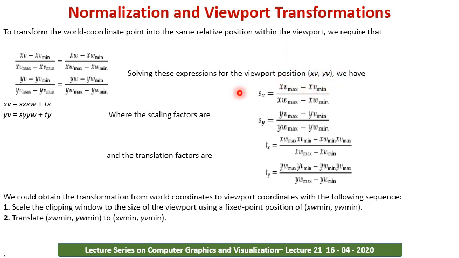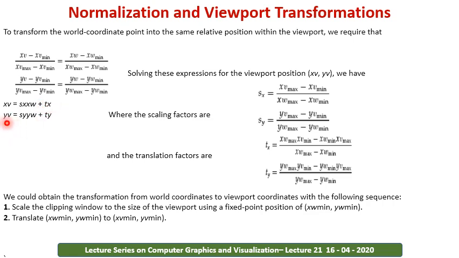That will be done by applying some scaling and translation matrices using these equations. So xv is equal to sx into xw, where xw is the world coordinate value for the x-axis, plus some translation distance along the x-axis.